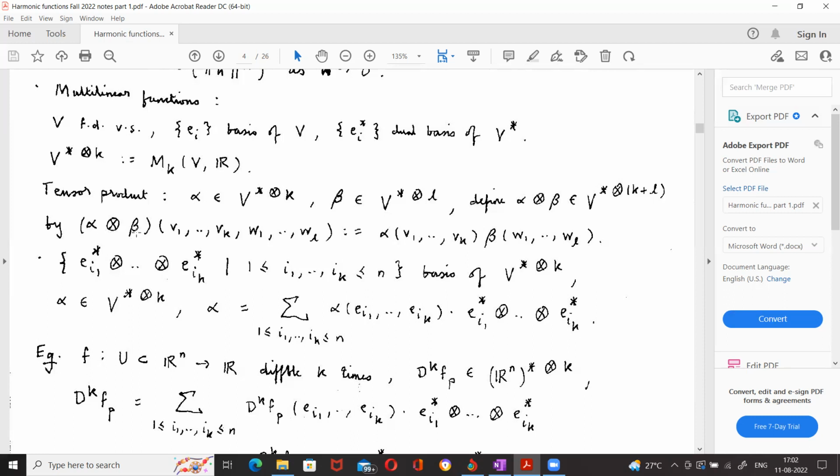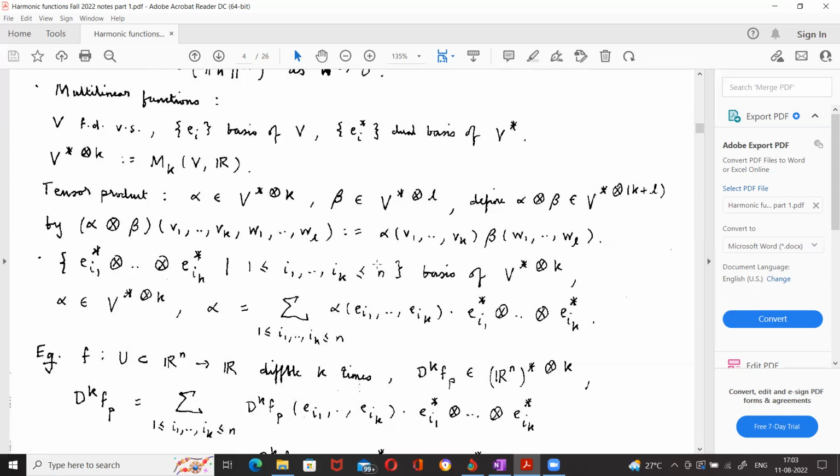And now I can take repeated tensor products. If I take my dual basis, e_i stars, then these are linear functions from V to R. If I take tensor products of k of them, e_{i_1} star tensor up to e_{i_k} star, then this will be a k multilinear function. And it turns out as i_1 to i_k range over the set 1 to n, these tensor products give me a basis of the space V star tensor k.